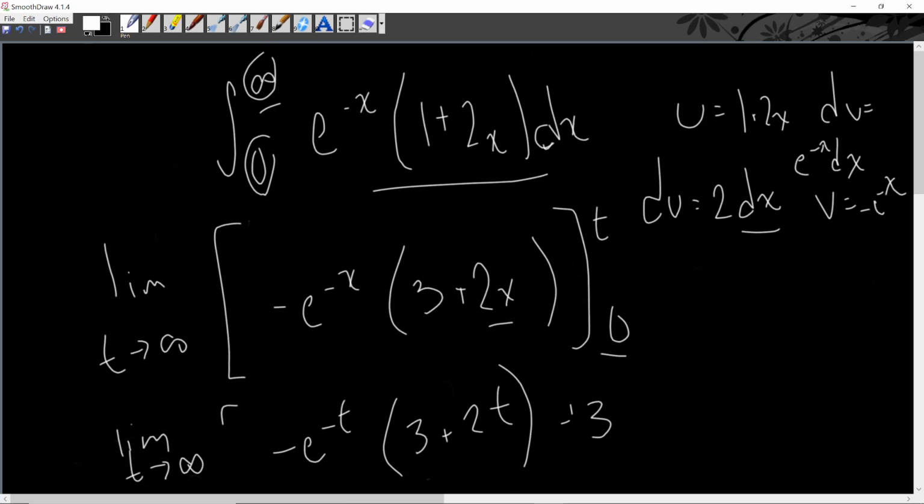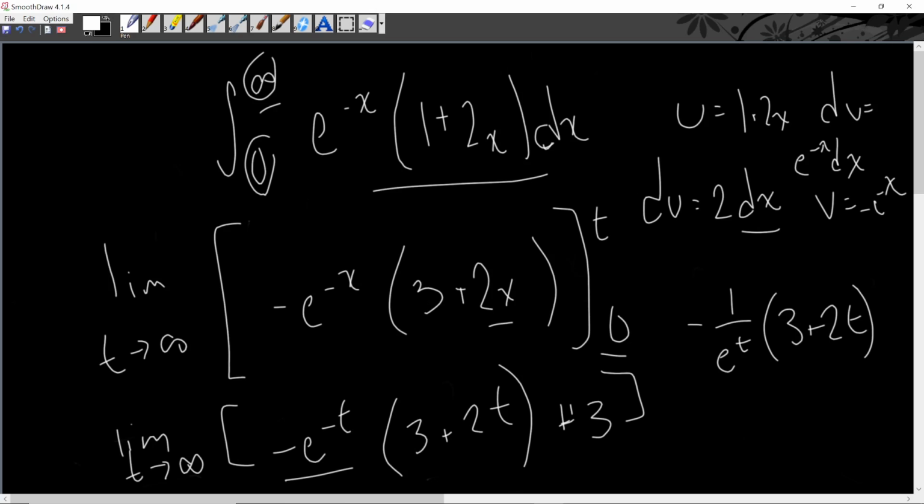Now, this one's an odd one, right? We're going to have some interesting stuff to do. We have negative e to the negative t, so we can write that as negative 1 over e to the t, and then this is going to be multiplied by 3 plus 2t.